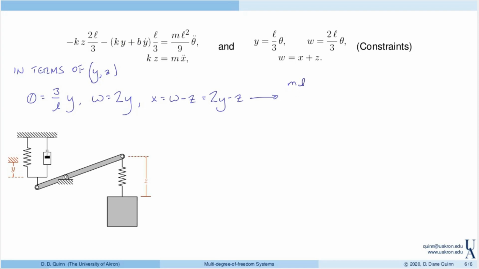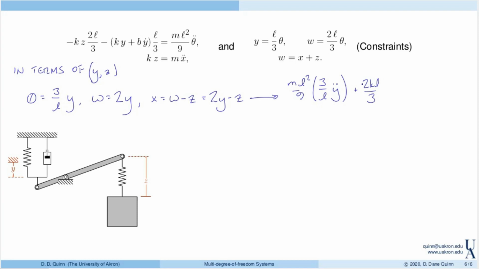ml squared over 9 times theta double dot, right? But remember, theta double dot is 3 over L, and in this case it's y double dot, right? If I want to find theta double dot, I'll take the derivative of this equation twice, and so this becomes theta double dot, this becomes y double dot, plus now 2kl over 3.